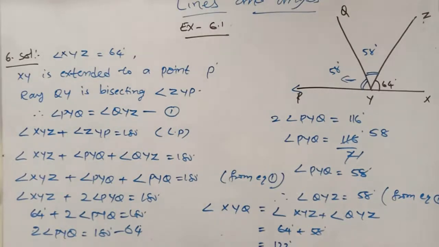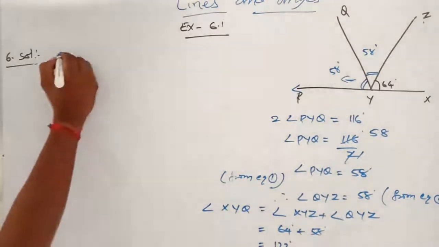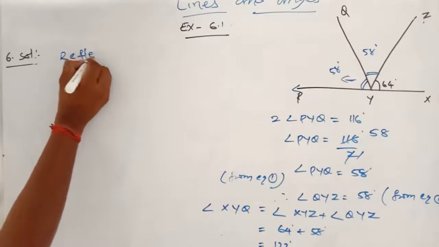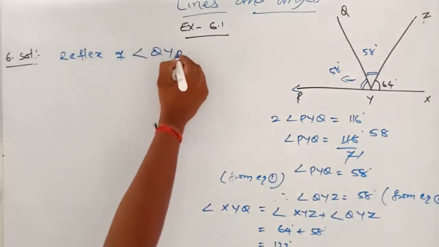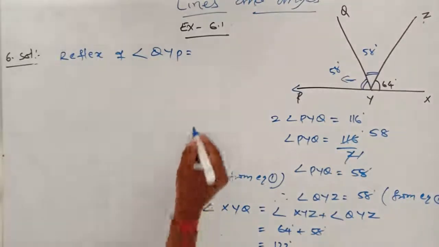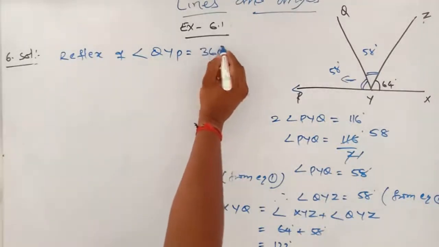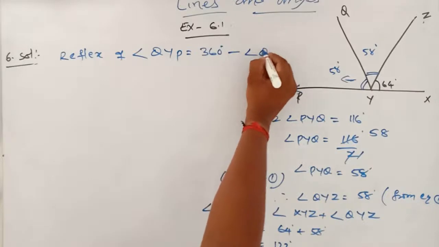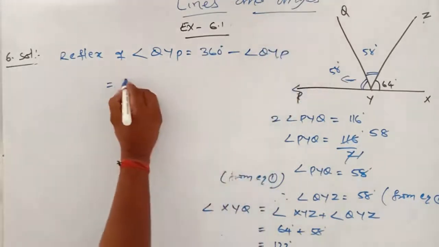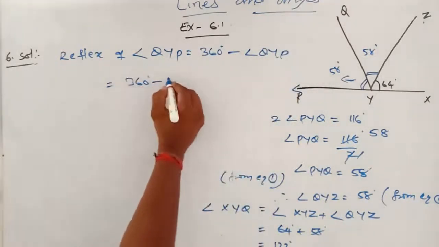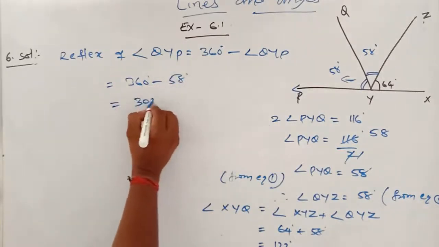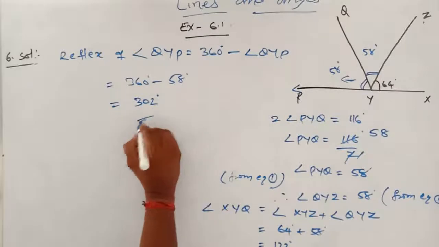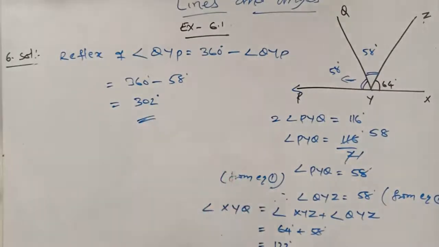The next is the reflex of angle QYP, which is equal to 360 degrees minus angle QYP. That is 360 minus 58 degrees, which is 302 degrees. Thank you, children.